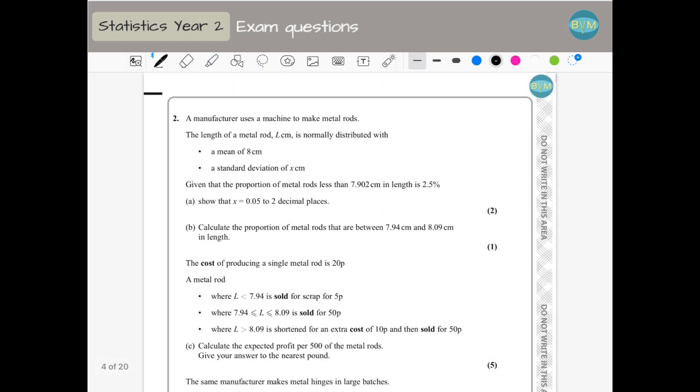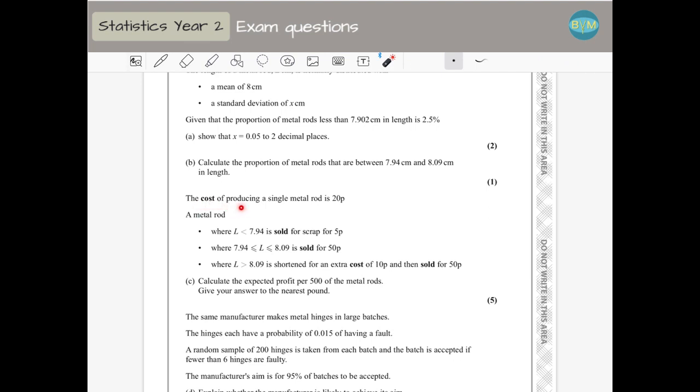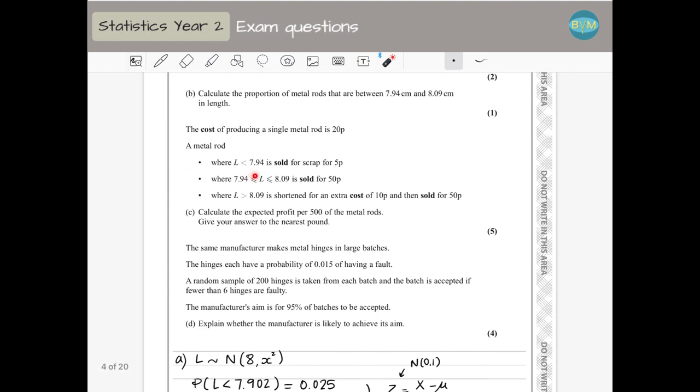Then for the next one, it says the cost of producing a single metal rod is 20p. A metal rod where the length is smaller than this one is sold for scrap for 5p. Between this value and this value is sold for 50p, and greater than that is shortened at an extra cost of 10p, and then sold for 50p. Calculate the expected profit per 500 of these metal rods.